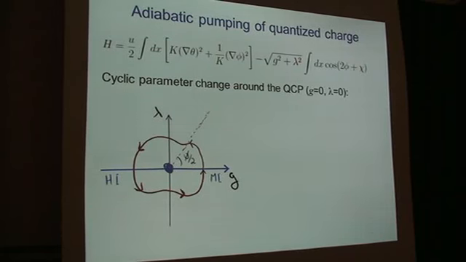You can make this actually more interesting and ask the question, so now we have a two-parameter space, g and lambda, and in this two-parameter space, the critical point between Haldane insulator and Mott insulator is just a single point. And you can ask what happens when I carry my system adiabatically, always in the gap phase, but around the critical point.